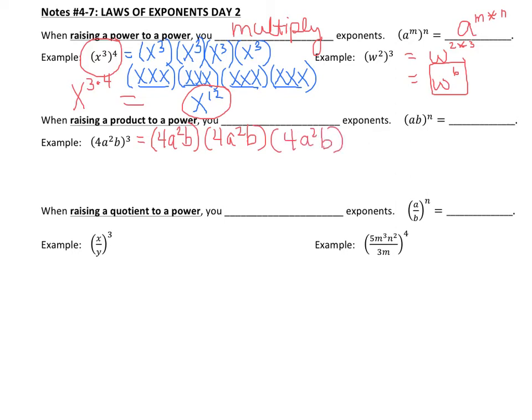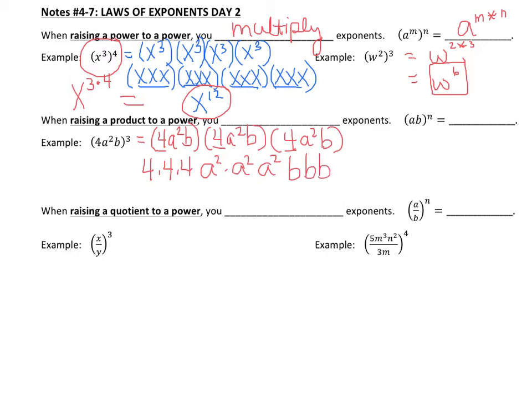Well, when you multiply, you want to take your coefficients 4, 4, and 4, and you want to multiply those together first. Then you're going to take your a's together, and so we're going to have a squared times a squared times a squared. And then we're going to have our b's, b times b times b.